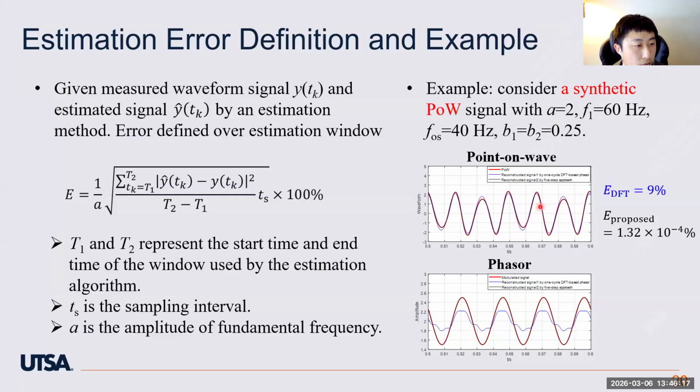We use the DFT algorithm to calculate a phasor curve, which is shown by the blue curve here. We also try our 5-step estimation method, and we got the black curve, which is on top of the red curve. The red curve is the reference. We find that the 5-step method and the new signal model give us a better representation of the waveform information. The DFT phasor will lose 9% of the information.